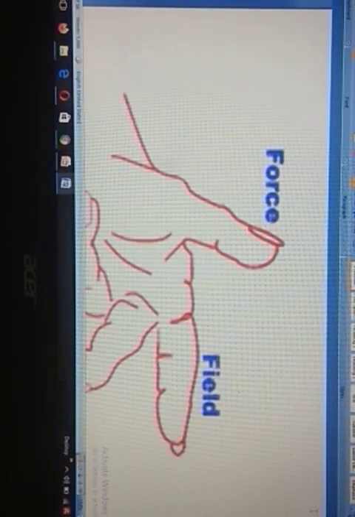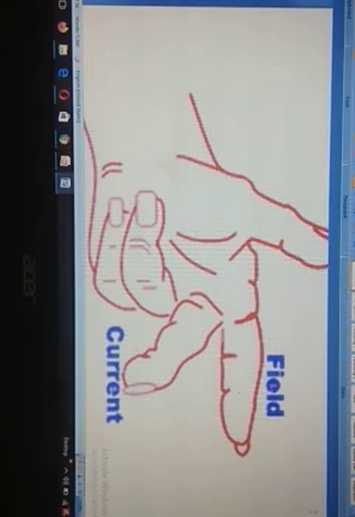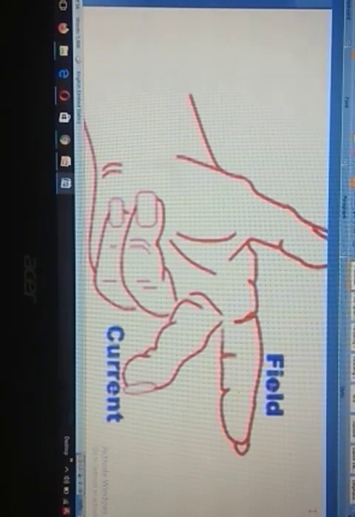This is shown by the diagram, where the force is shown by the thumb, the forefinger shows the magnetic field, and the middle finger shows the direction of current. So the direction of the force can be given by Fleming's left hand rule.